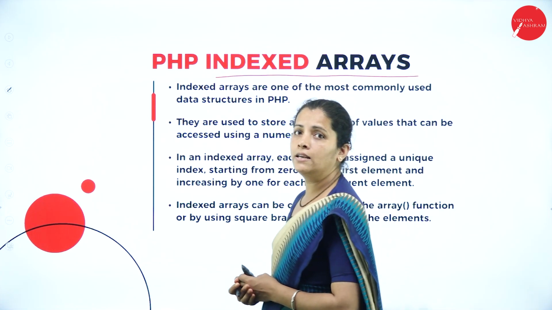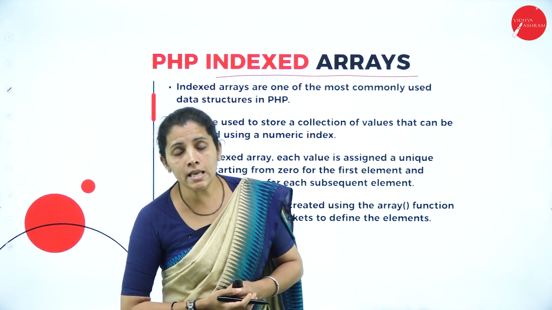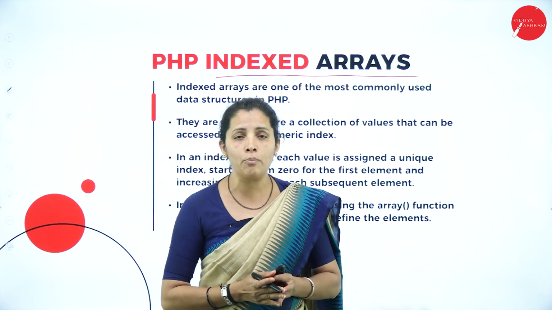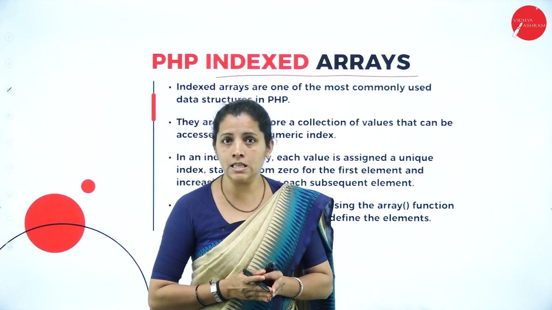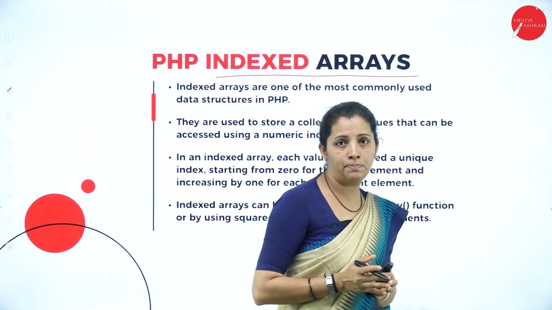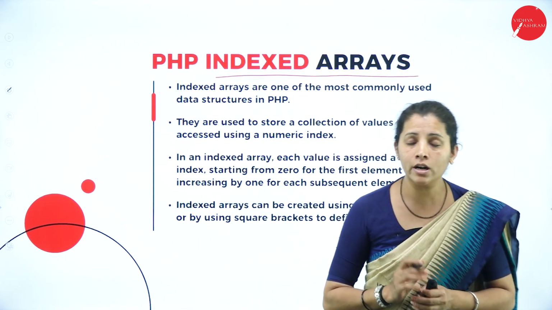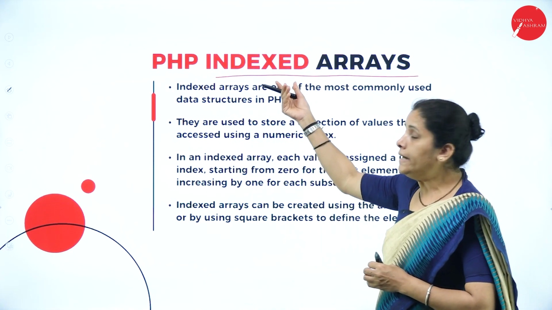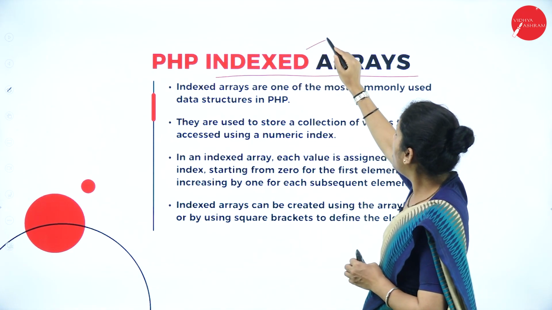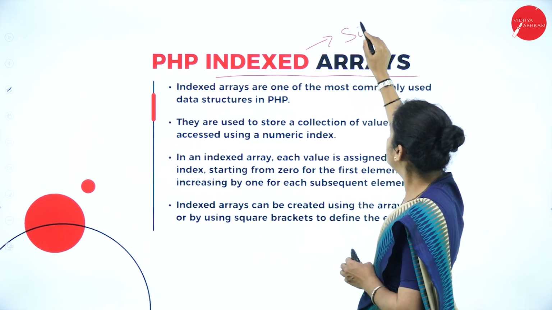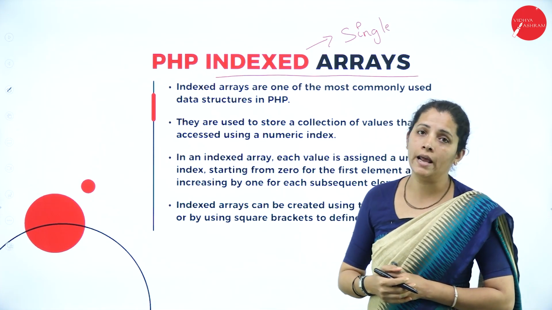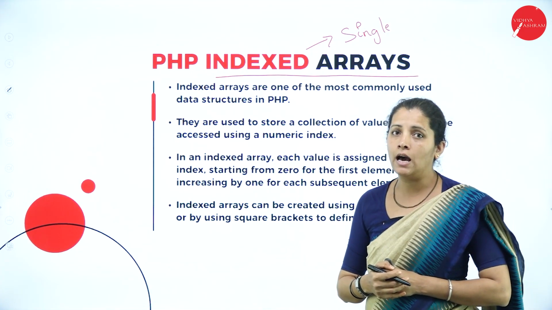So dear student, we all are familiar with array because we already learned these topics in our subjects like C program, C++, Java, .NET or in Python. So what is indexed array? It is nothing but your single dimensional array. So what is single dimensional array?